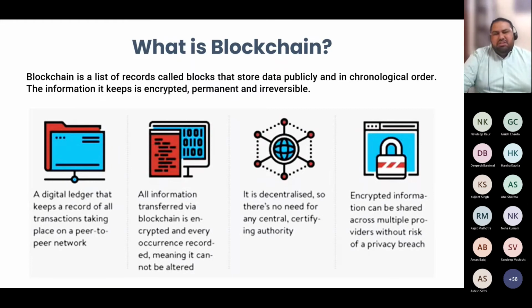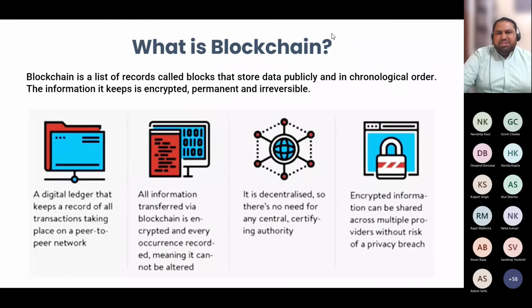The next main feature is that blockchain is a decentralized system. A decentralized system is a system in which we do not require any central agency. Like in my previous example, I mentioned that the Election Commission is our central agency who controls or provides a guarantee that our votes are counted properly.